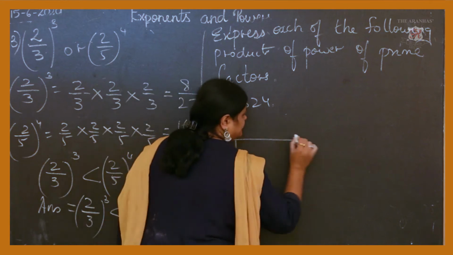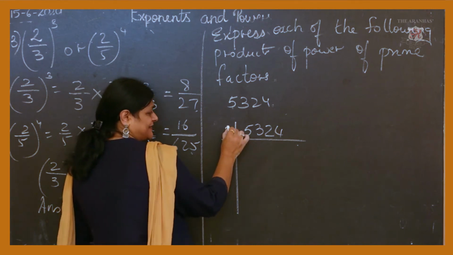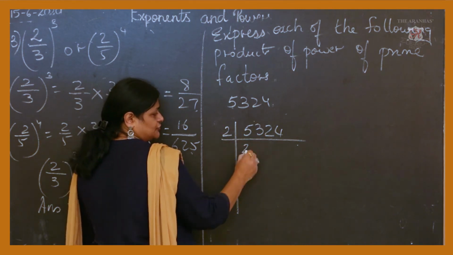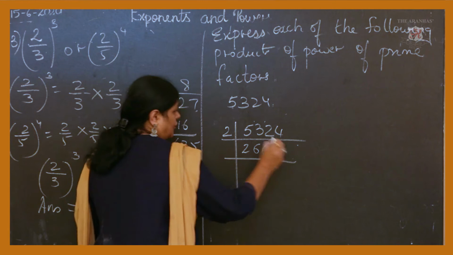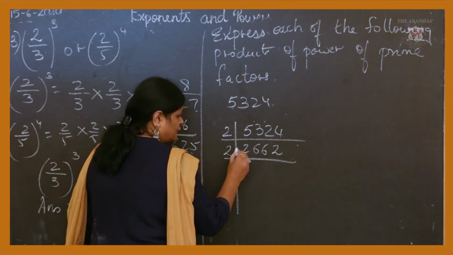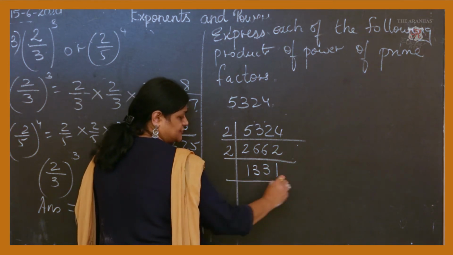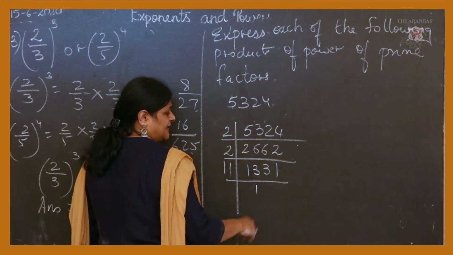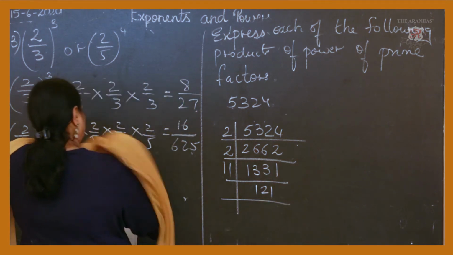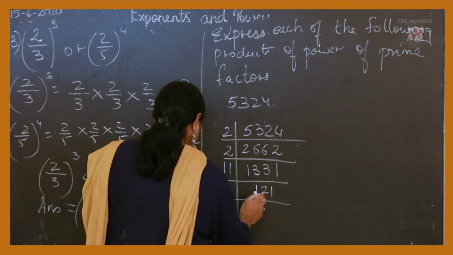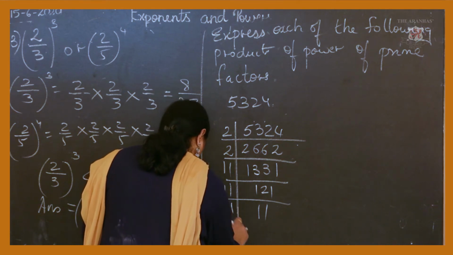You are going to do your prime factorization. 5324. Start dividing by 2. 2 2s are 4, 2 6s are 12, so 2662. Again divide by 2: 2 1s are 2, 2 3s are 6, so 1331. Now 11 1s are 11, 11 2s are 22, 11 11s are 121, and so on.